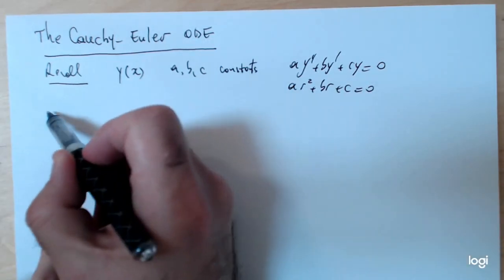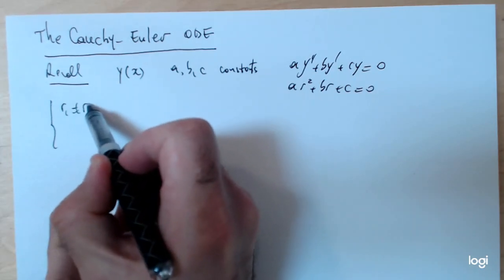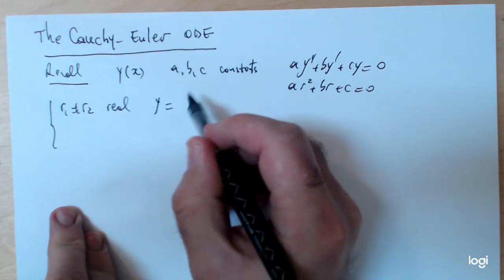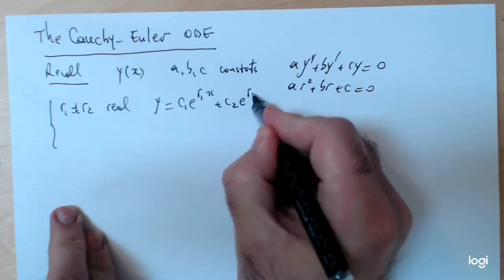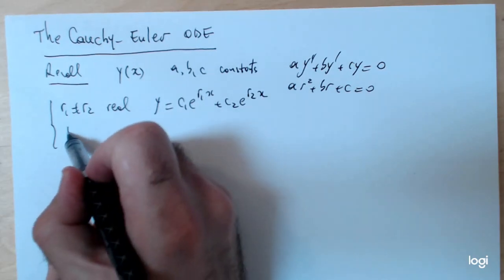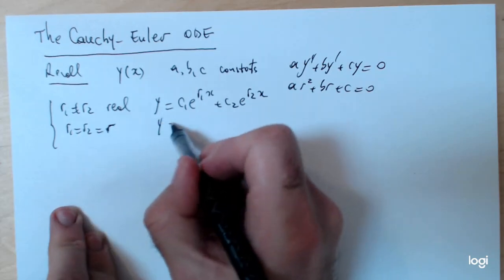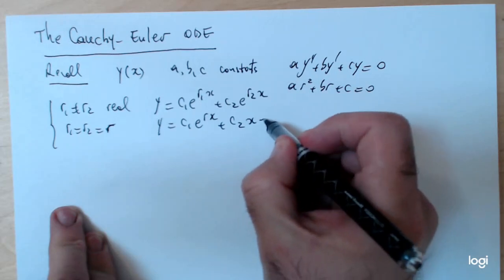And then depending on the nature of the roots, you have basically several cases. You could have distinct real roots, in which case the solution is c1 e to the r1x plus c2 e to the r2x. You could have a double real root, and then the solution is c1 e to the rx plus c2 x e to the rx.